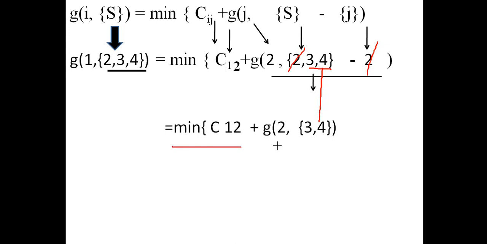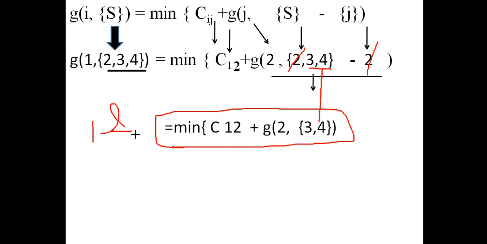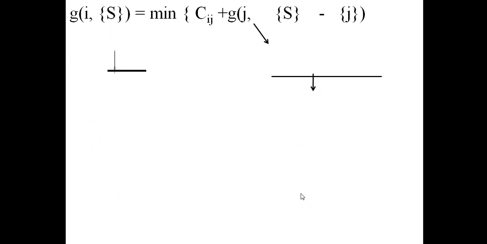The remaining are 3 and 4, so just write 3 and 4. So C of 1, 2 plus G of 2, {3, 4}. This is one sub-solution.